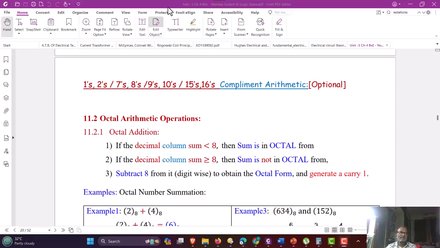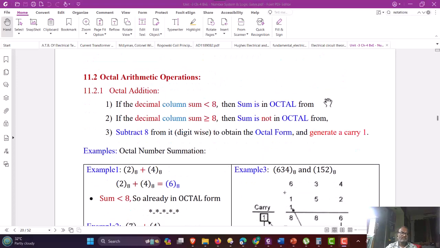The procedure is the same again, like binary ones complement and twos complement. But since it is beyond the scope of this subject, it's an optional topic, and therefore interested readers can study that for their general knowledge. In your examination, 7's complement, 9's complement, 10's complement or 15 and 16's complement are not focused.